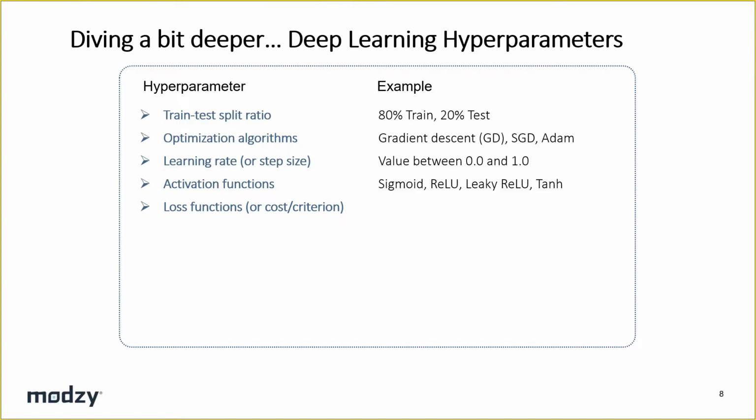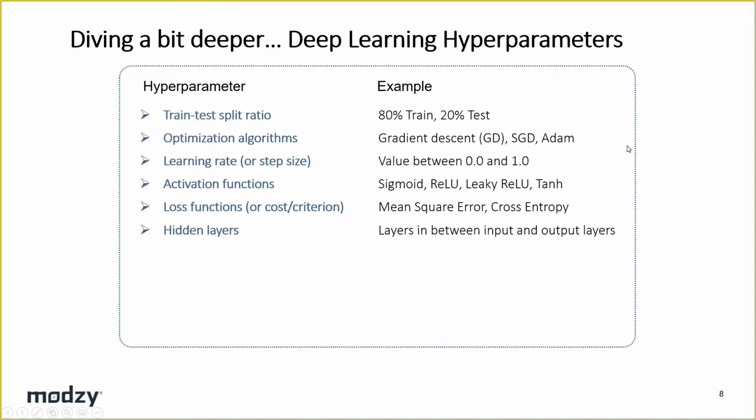The relationship between optimization and loss functions is that optimization algorithms will estimate that error by taking the partial derivative of the loss function, in other words, the gradient. And so some examples of loss functions for regression models would be mean square error, or for neural networks, cross entropy as one example.